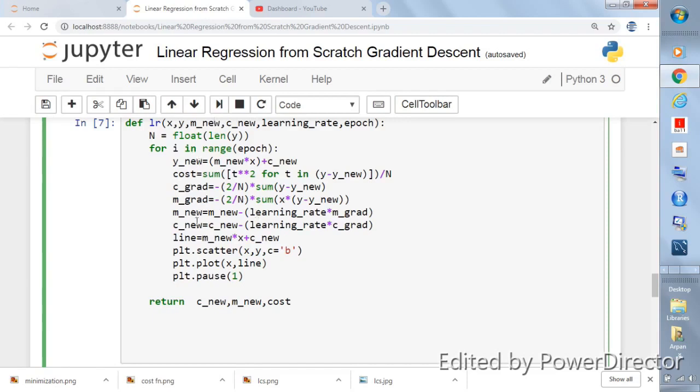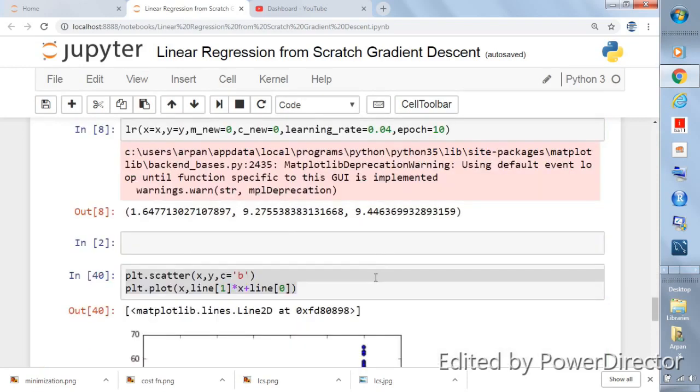The m new keeps on changing, and as m new and c new change, the line also keeps on changing. Mx plus c, so m new changes, c new changes, the line will change. And we want to visualize this, so we just added these three lines, and we added this pause just to visualize how it looks as the epoch changes.